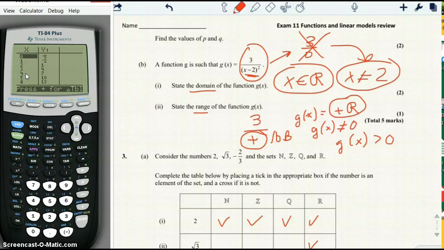So even if you increase this to a googol, it still wouldn't be 0. So you can't put any number in this expression and make it 0. So this expression will never be 0, although it is always going to be a positive real number. So it's a positive real number, not 0, so we would just say g of x is greater than 0.